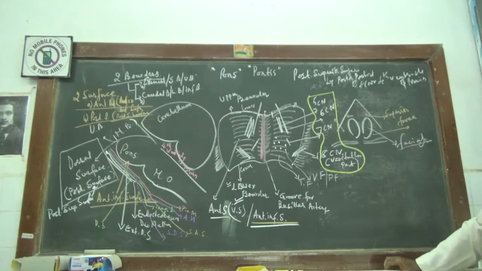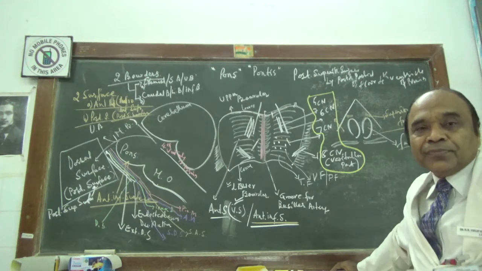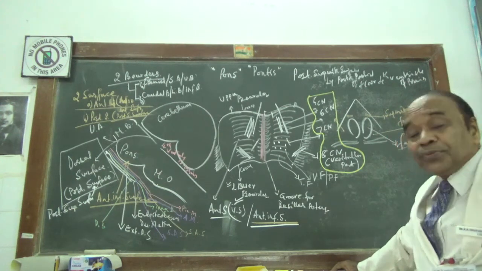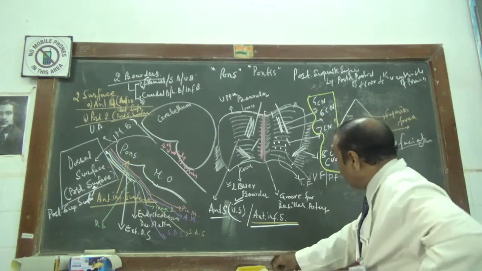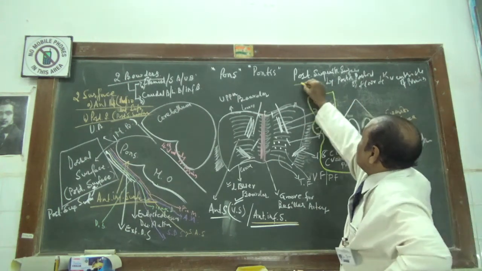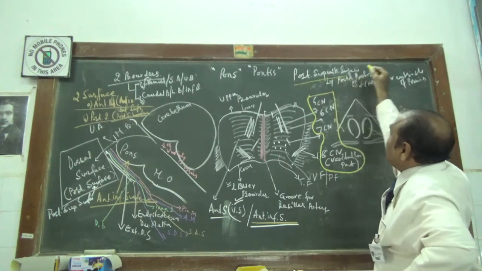So this is the gross picture of the pons. And go back a little to the dorsal or posterior surface of the pons.